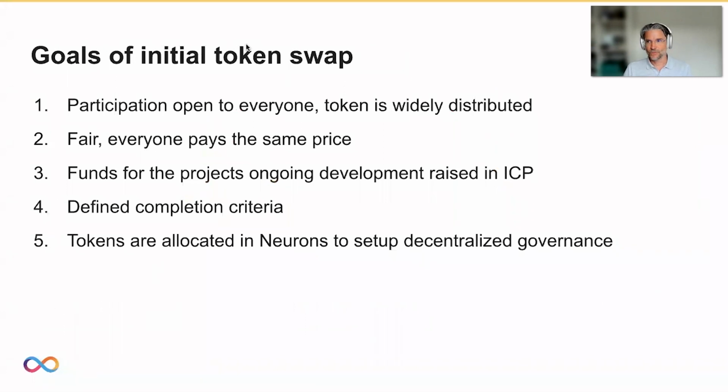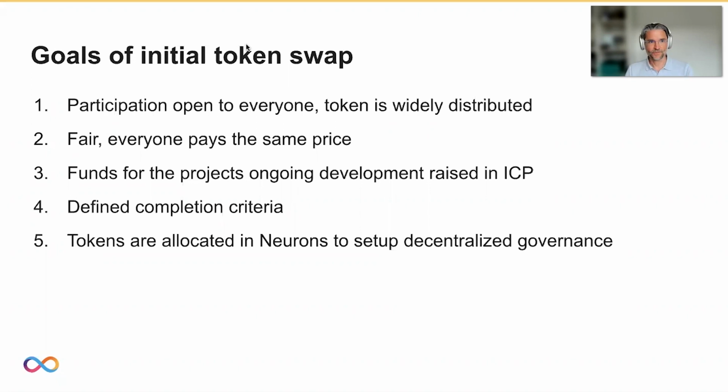What are the goals of this initial token swap specifically? We want it to be open, so participation is open to anyone in the wider ICP community. Anyone with ICP can participate. We want it to be fair, specifically that everybody pays the same price in this initial token swap.